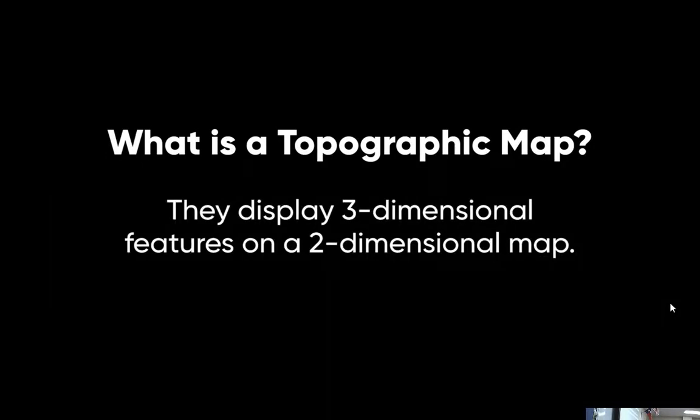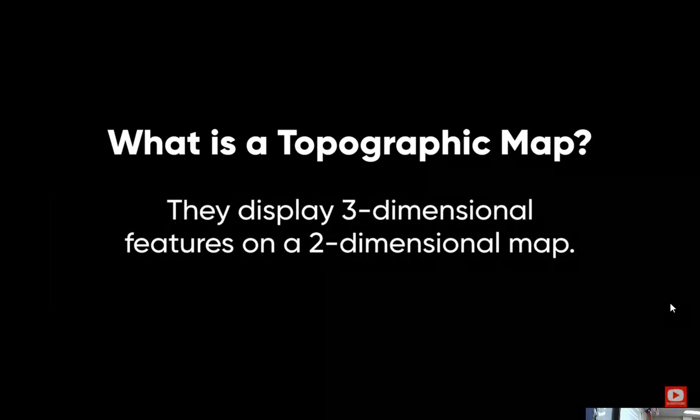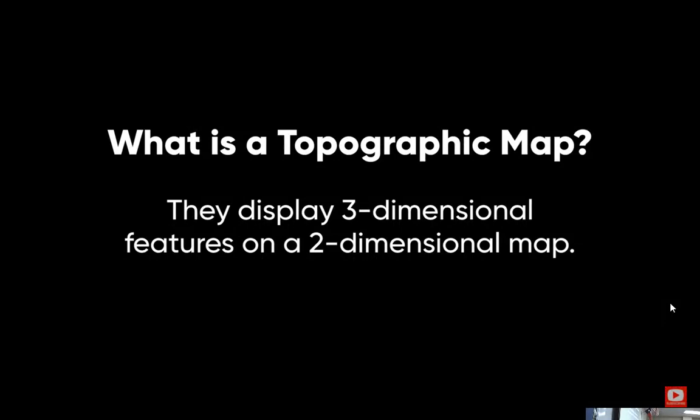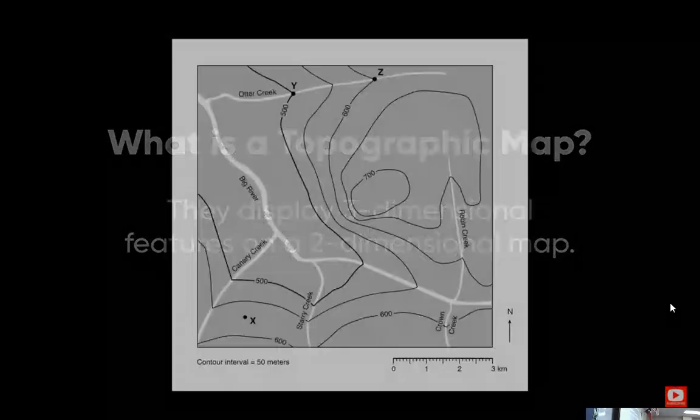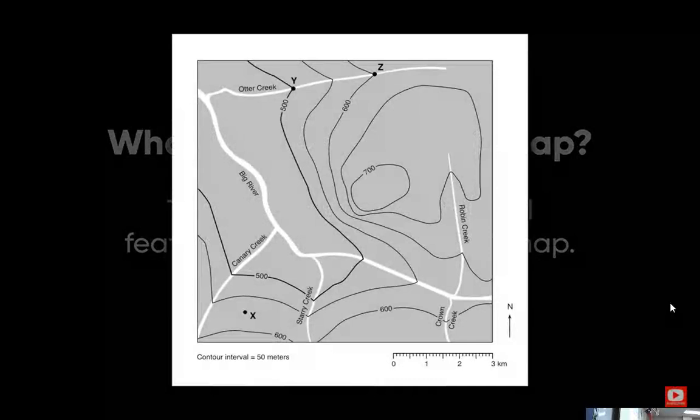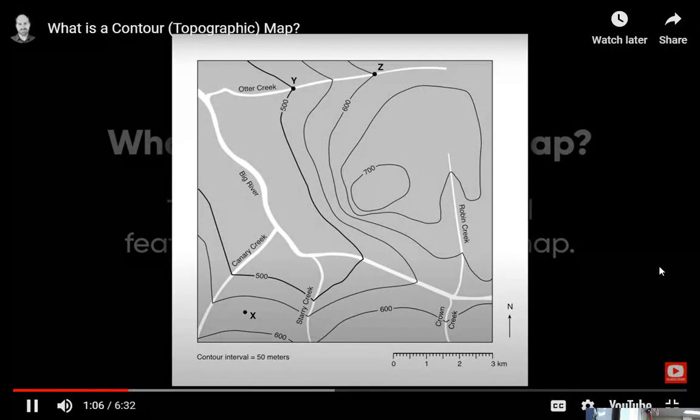The ultimate goal of a topographic map is to display these three-dimensional features with ups and downs and cliffs and slopes, rivers and streams, but on a flat two-dimensional map. So let's take a look at an example. Here you can see a simple topographic map, often called a contour map.